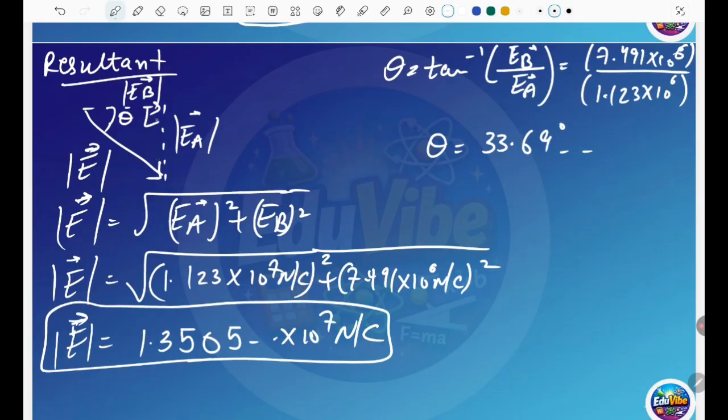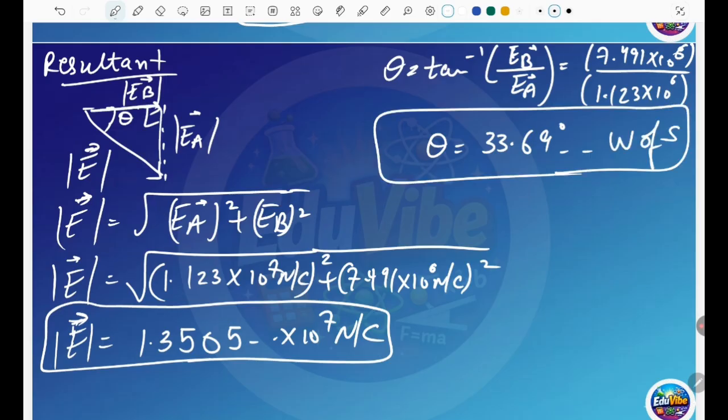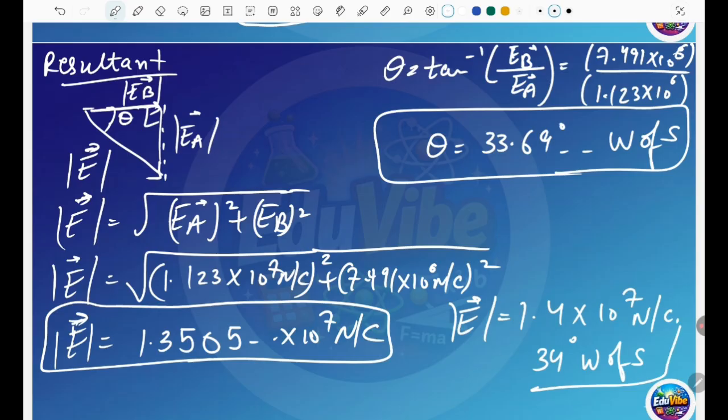So this is west of south. Putting it all together, you get 1.4 into 10 raised to power 7 Newton per coulomb, and 34 degrees west of south. So this is your electric field.